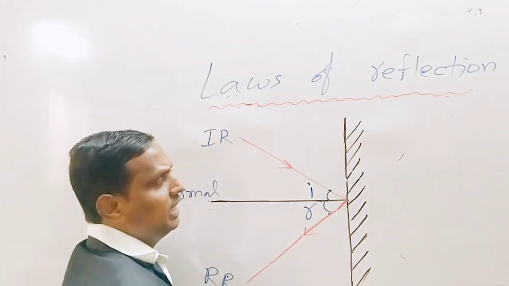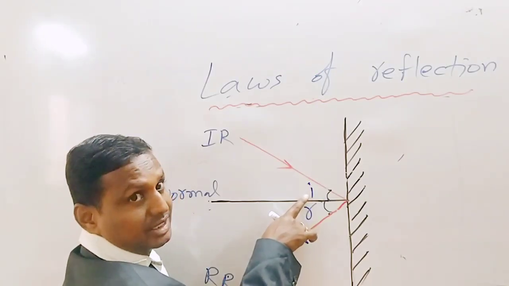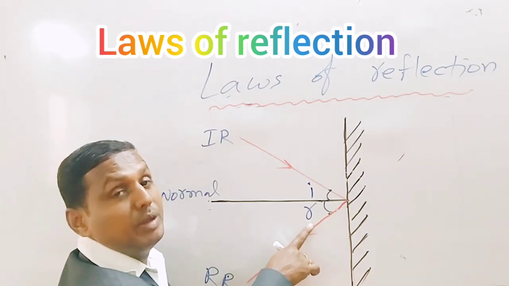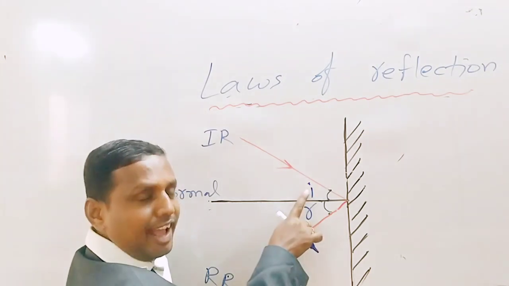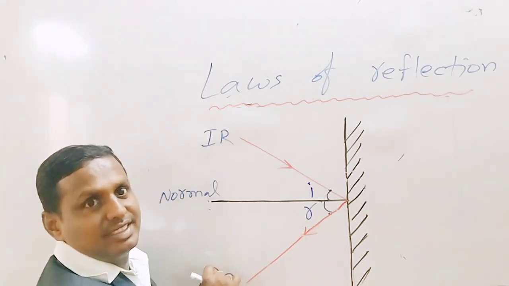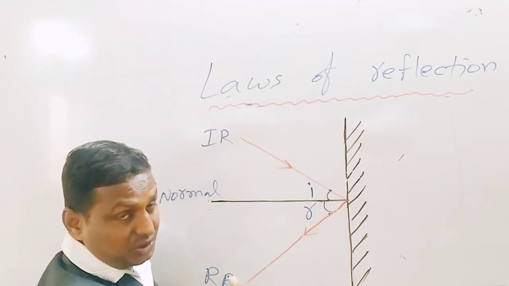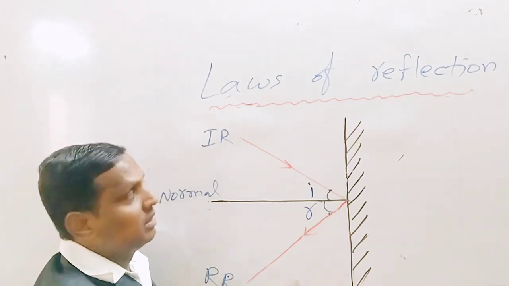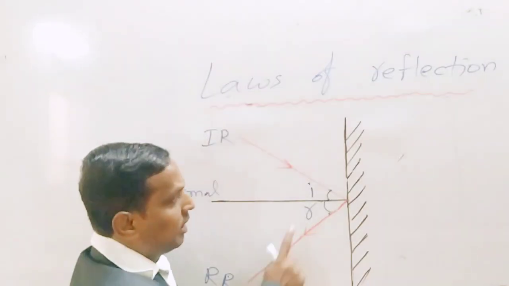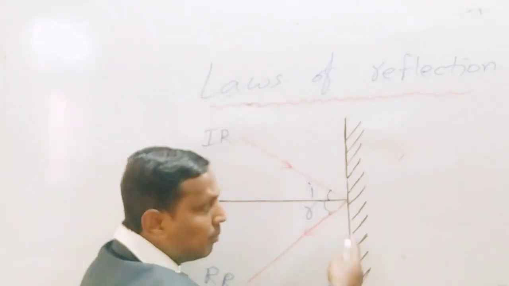First law: here, capital I is the angle of incidence, small r is the angle of reflection. Keep in your mind, I is the angle of incidence, r is the angle of reflection. I am repeating a number of times because you should try to fix it in your mind: incident ray, normal, reflected ray, angle of incidence, angle of reflection, mirror.